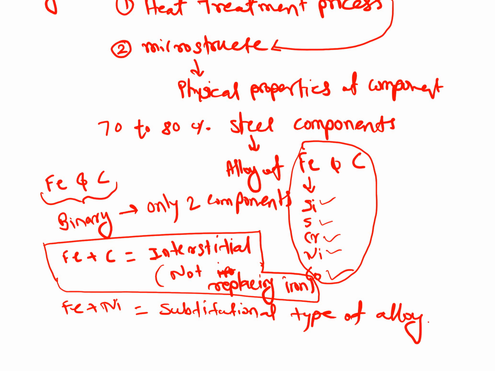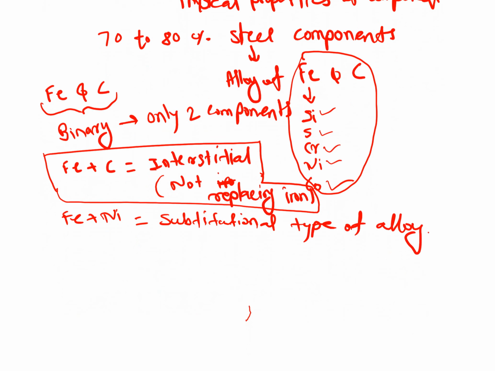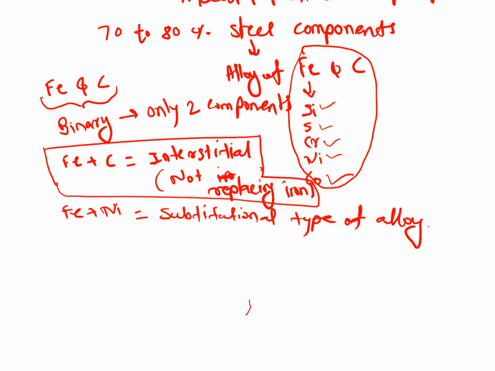The maximum percentage of carbon that can be dissolved into iron is approximately 0.67%, I'm telling you. Now, without wasting much time here, we'll go to the real iron-carbide diagram, where I will explain everything in detail.